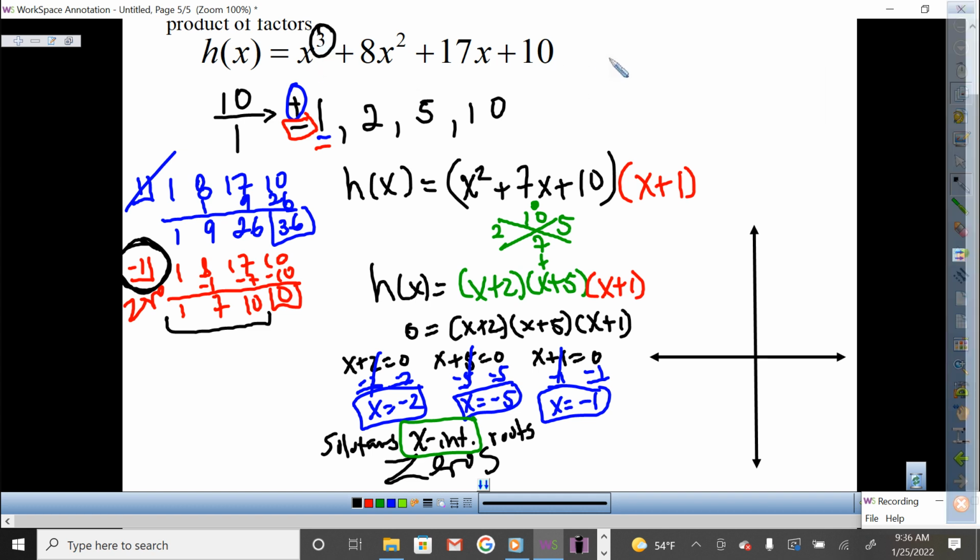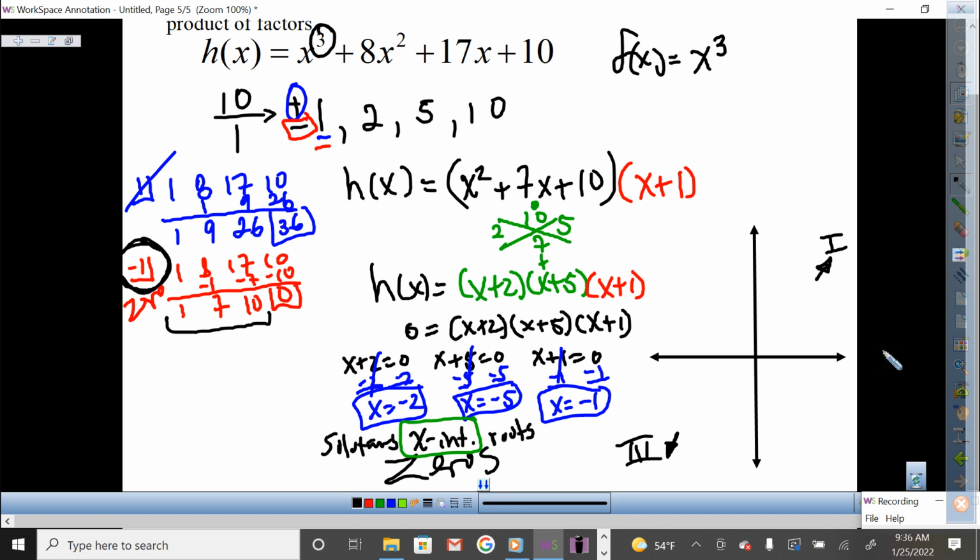So what would be the parent function of this whole thing? F of x equals what? X cubed. So where do we start? Third quadrant, which is over here, and where does it end? First. So that means I'm going to put an arrow pointing downward this way, because that's where it starts, and it's going to end somewhere over here. Is that correct?